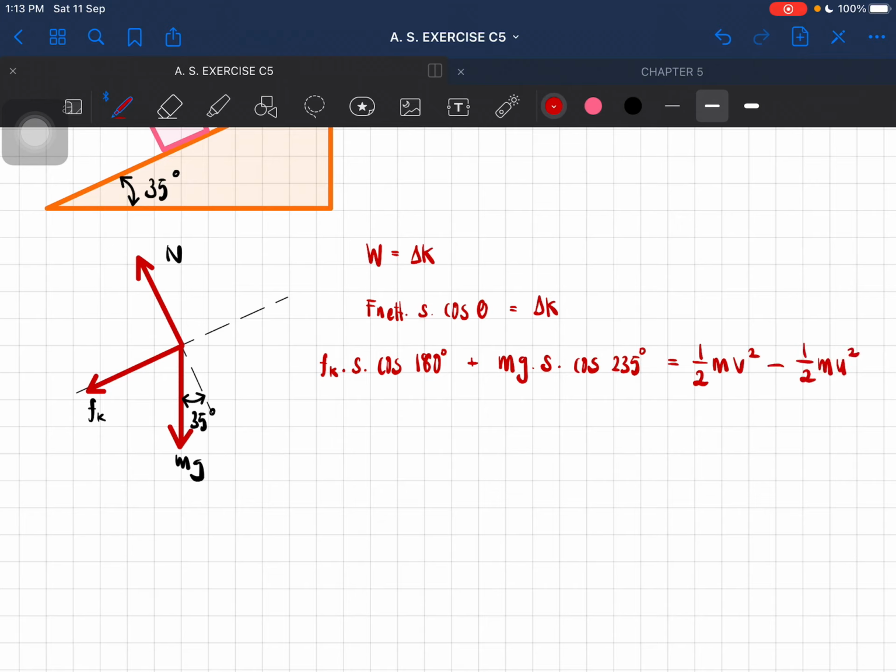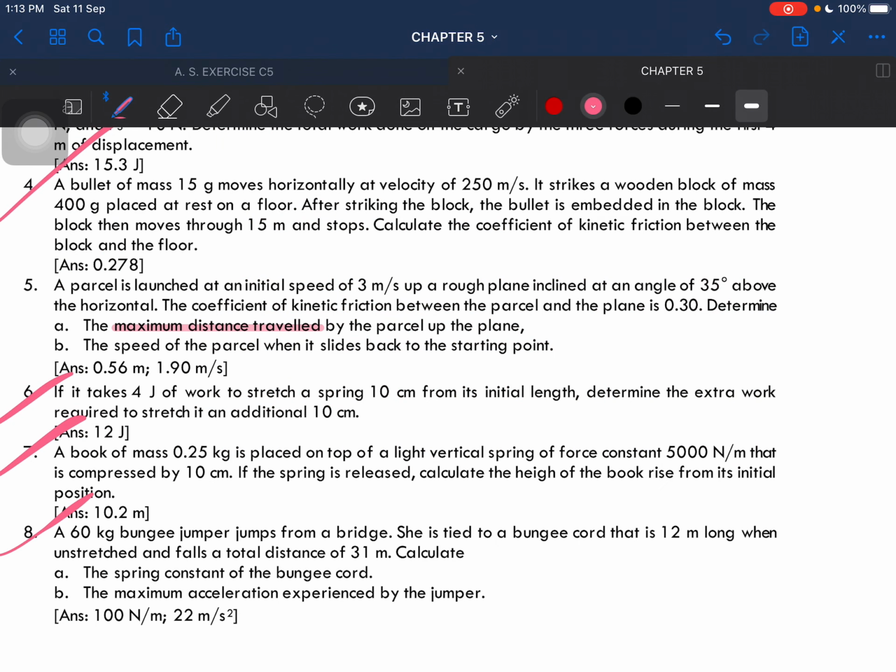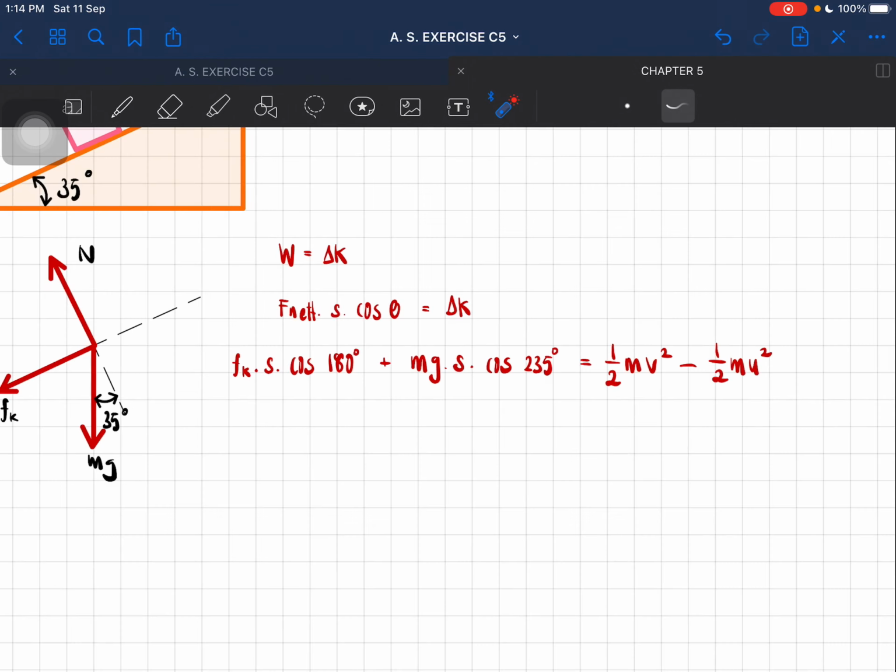mu squared. Okay, right, now the question asks us to find the maximum distance traveled. Okay, maximum distance traveled meaning the final velocity when it reaches that maximum distance should equal 0. Okay, so that's why the final velocity here would equal 0.